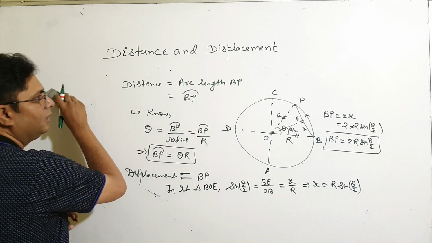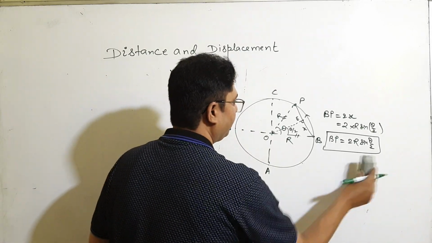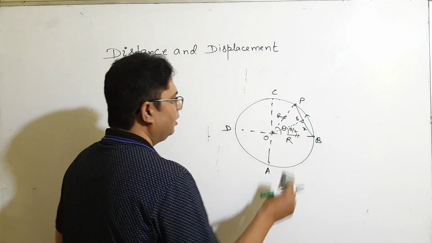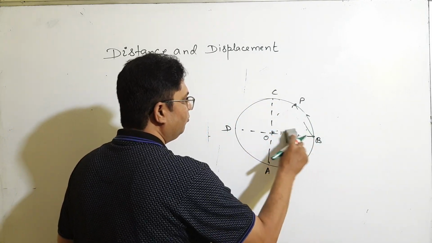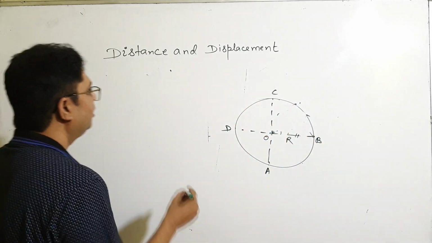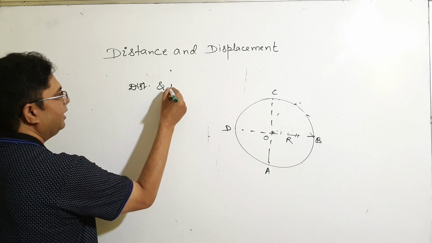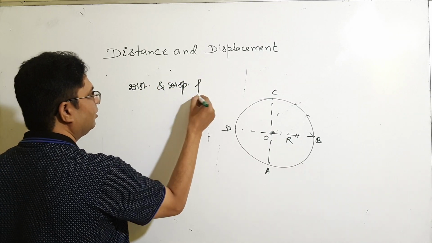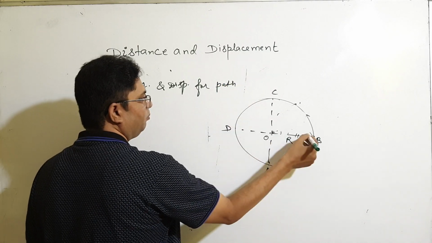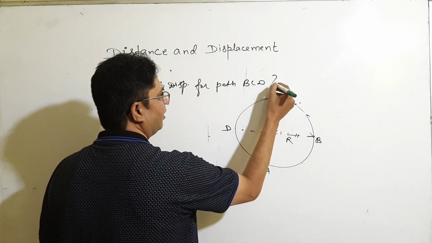Let us have another example on the same diagram. Now in this example, you have to move from point B to D. So distance and displacement for path BCD you have to find.